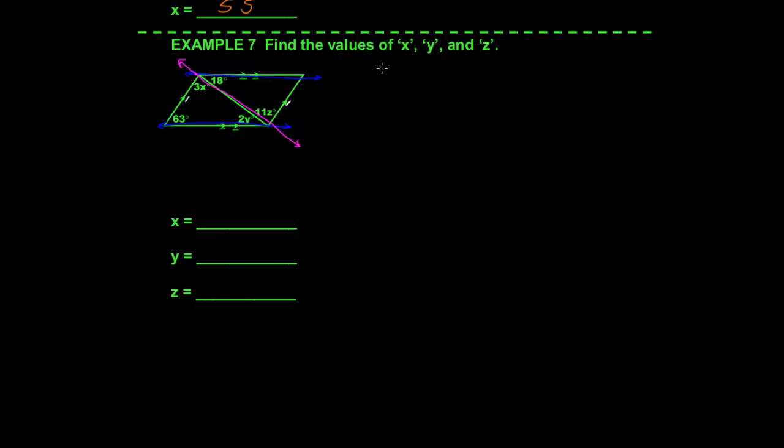So we can say our 2y is equal to our 18 degrees. Well, this will help us solve for y in this case. Now we divide by 2, and our y is equal to 9. Put this down: y is equal to 9.